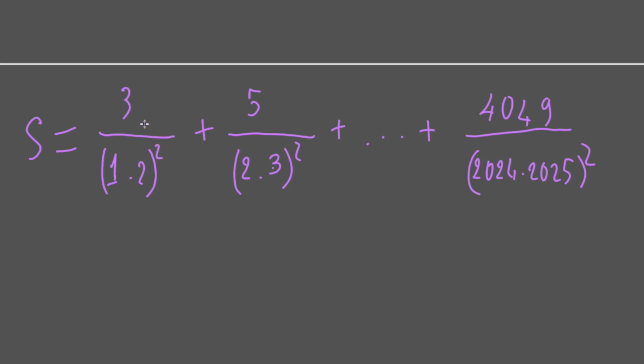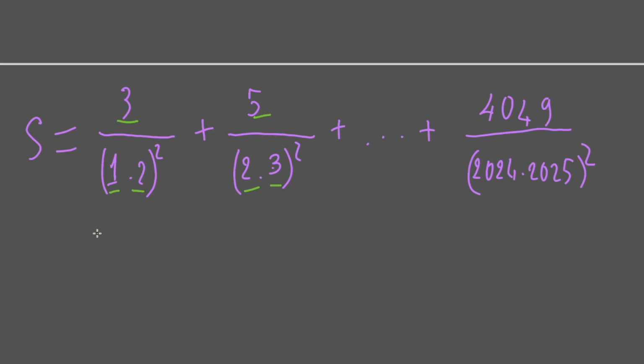As in the problem, you can see that on the top this is 3 and on the bottom this is the product of 1 and 2. Same for the second item, it is 5 and 2 and 3.